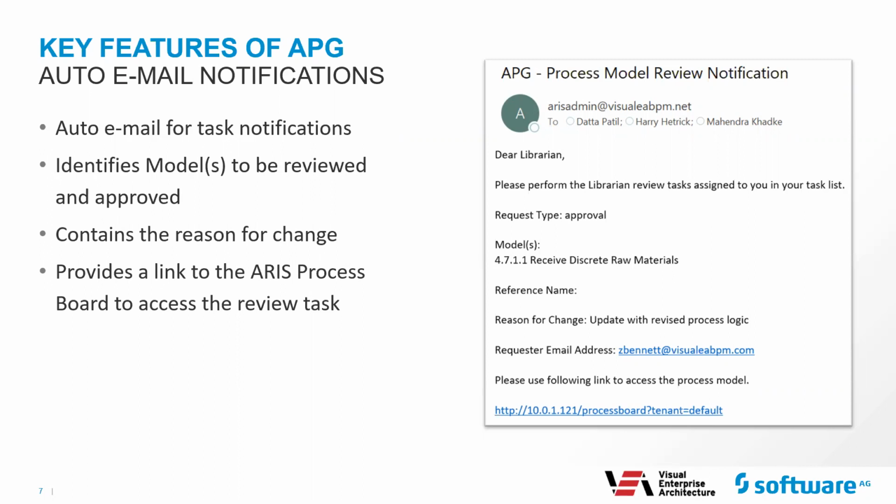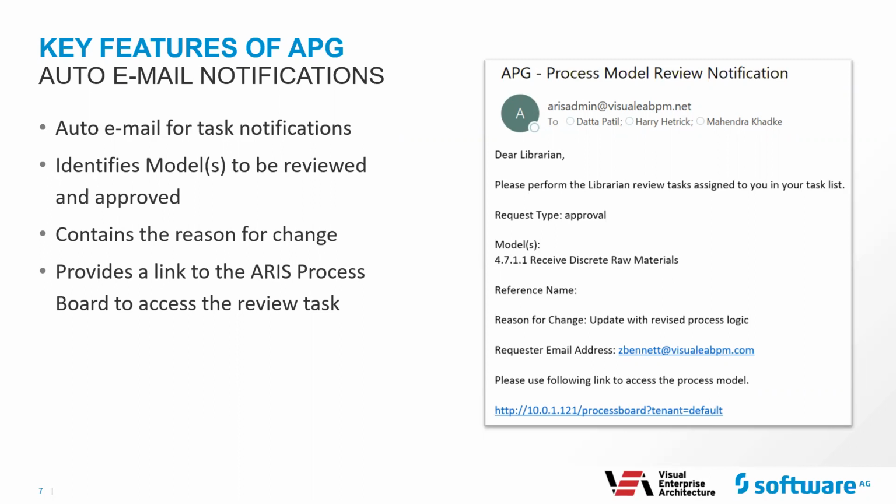So as I mentioned before, a governance process sends email notifications. This is an example of an email notification that was sent to the librarian. You see the request type. In this case, that could either be an approval of a process model or a retirement of a process. We see the list of models.